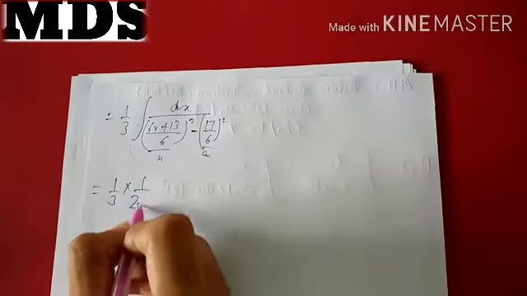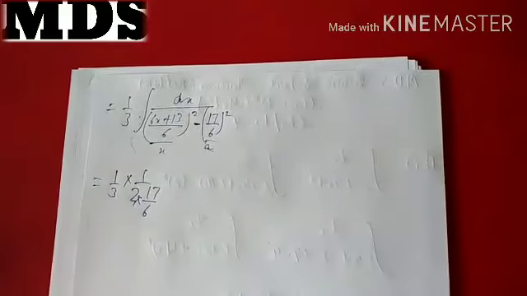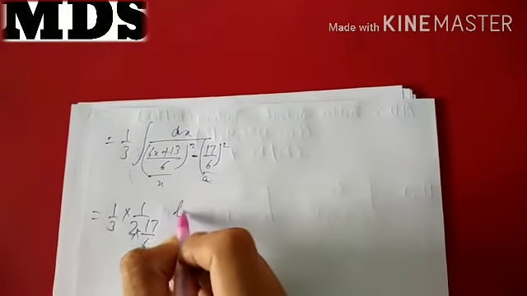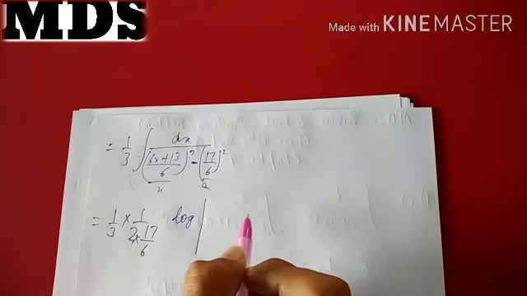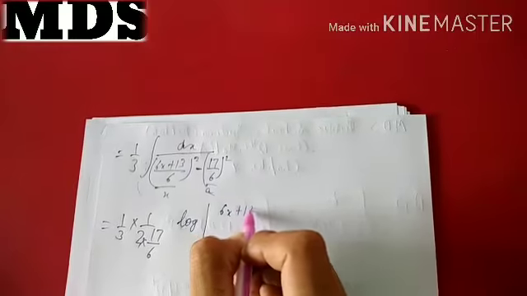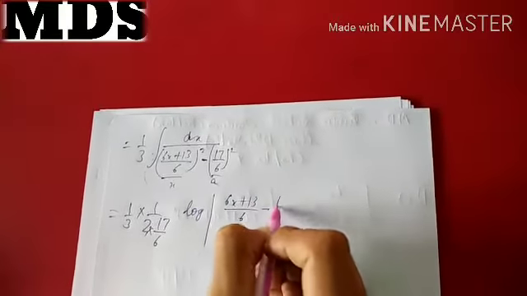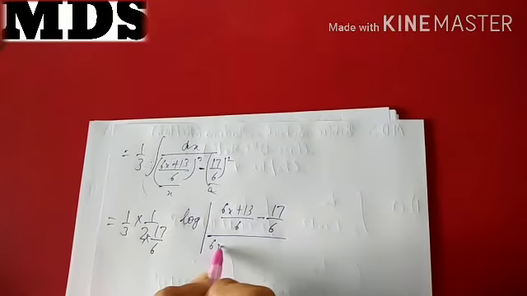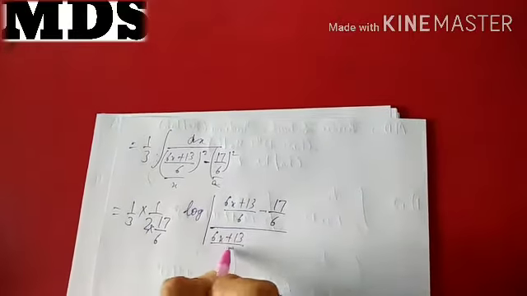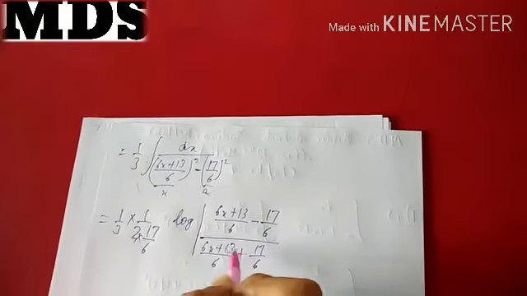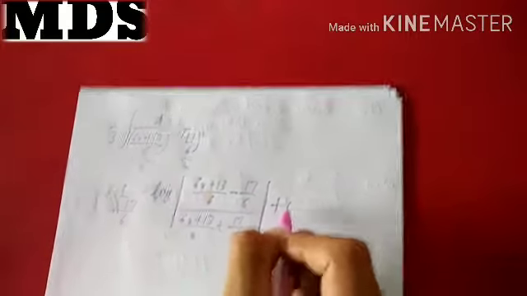Here our a is 17 by 6. Okay, into log of x minus a, x is 6x plus 13 by 6, minus 17 by 6, divided by 6x plus 13 by 6 plus 17 by 6, plus c.